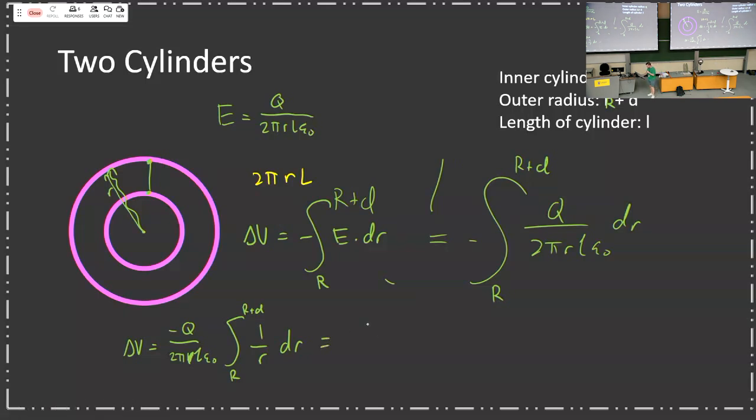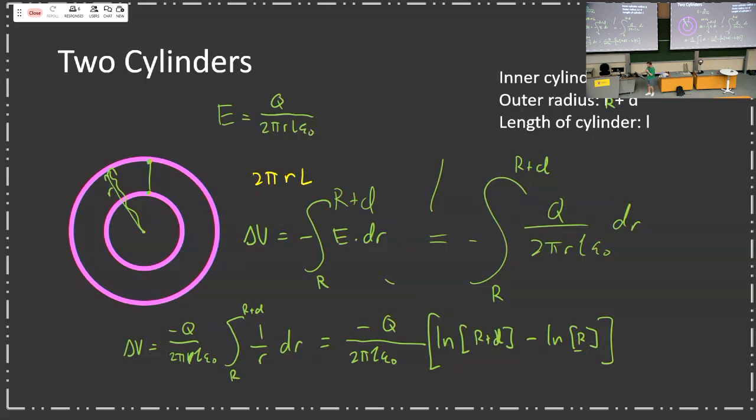So that's equal to minus Q over 2 pi L epsilon naught, so far so good, logarithm of R plus D minus logarithm of R, right? Wow, that's a lot.